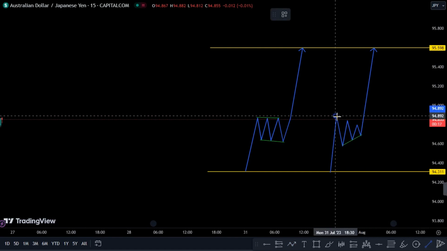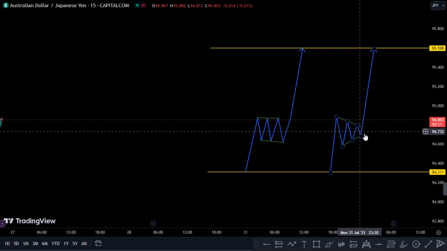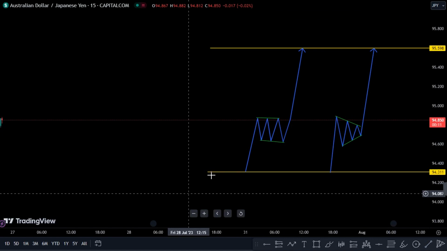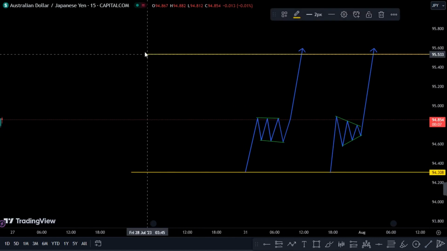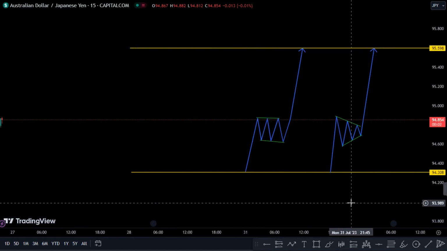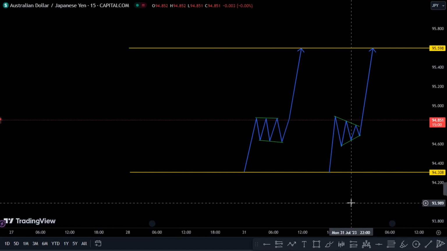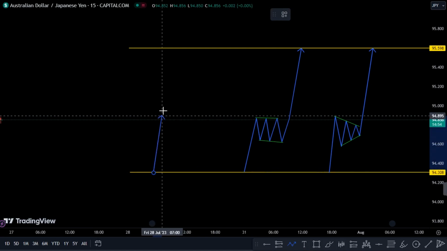Then this is our symmetrical triangle. This is also another form of a consolidation as the market is approaching the swing high or the resistance area right there. It can come in many forms. It can also come in a form like this.